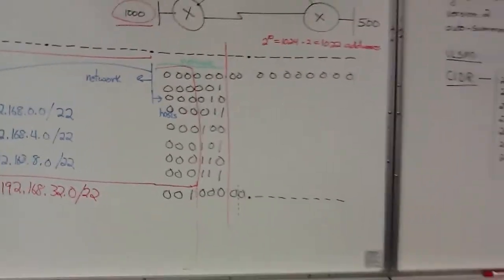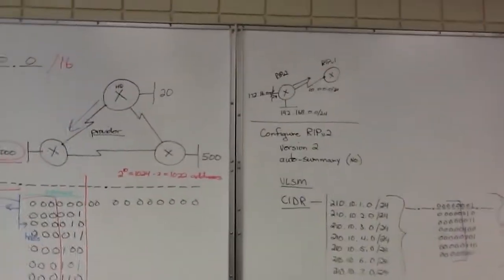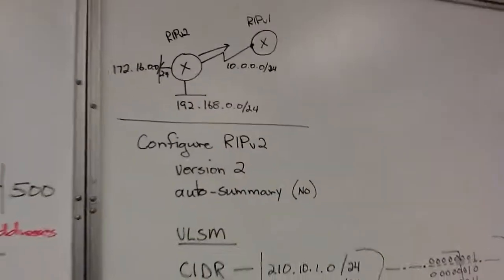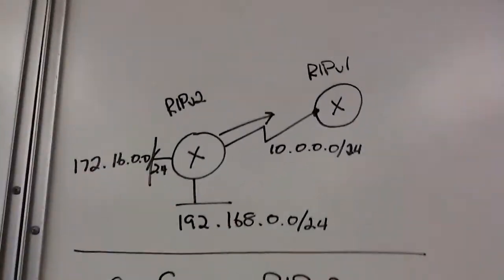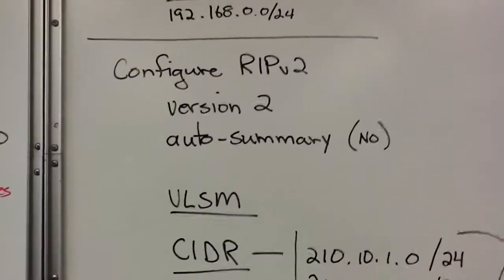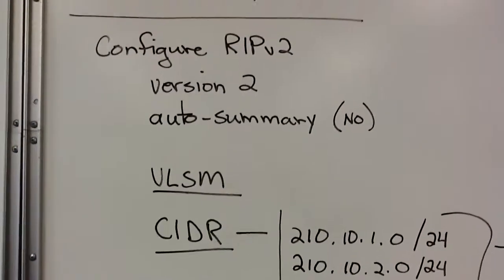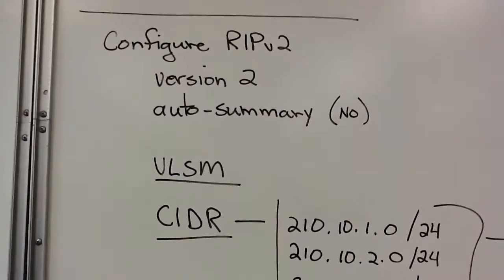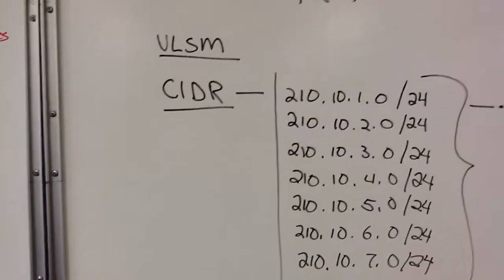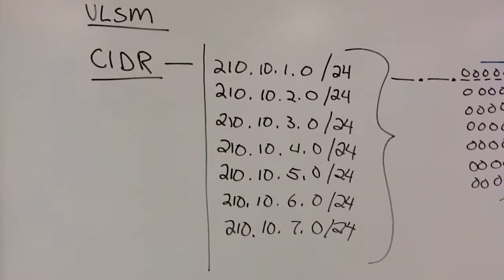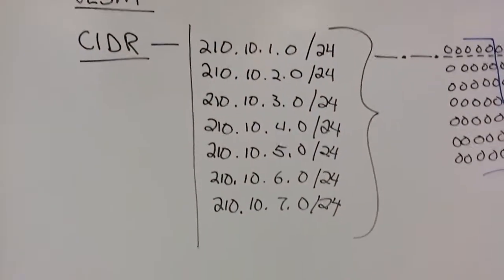We then went and talked a little bit about RIP version 1 and RIP version 2. Talked a little bit about configuring RIP version 2, variable length subnet masking, and then we did a little bit of classless interdomain routing.